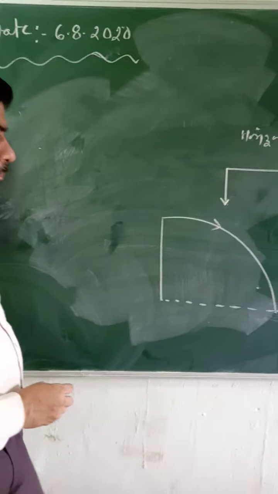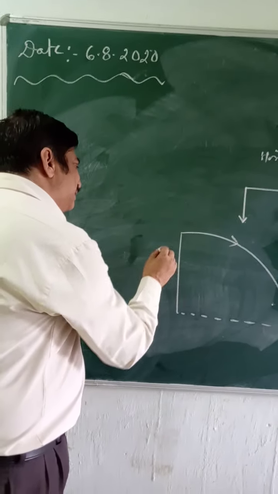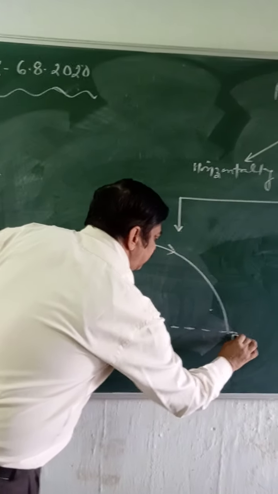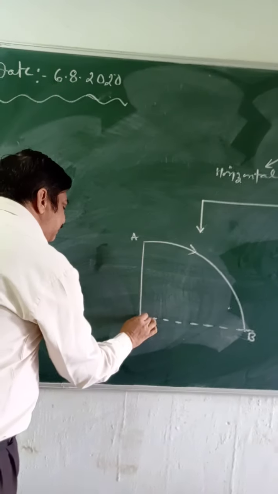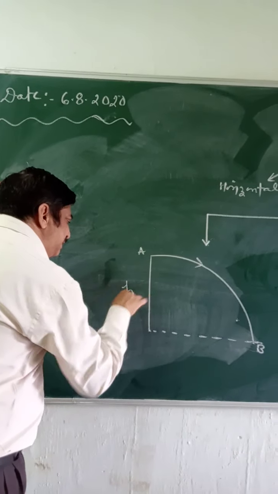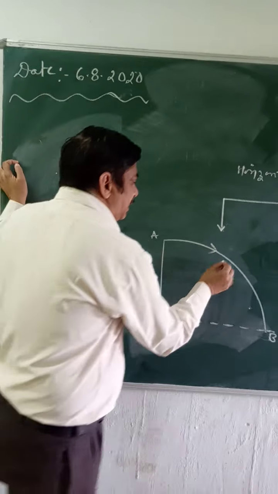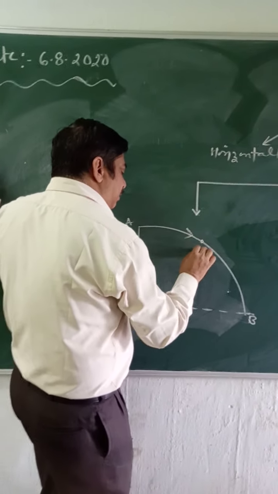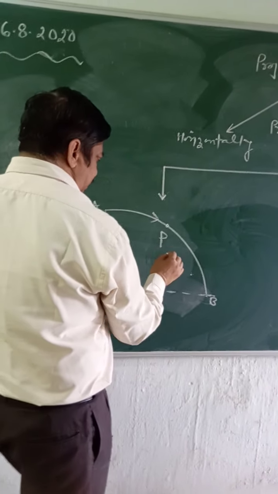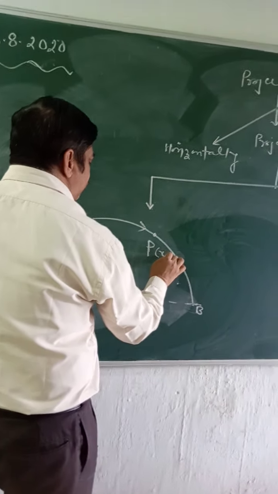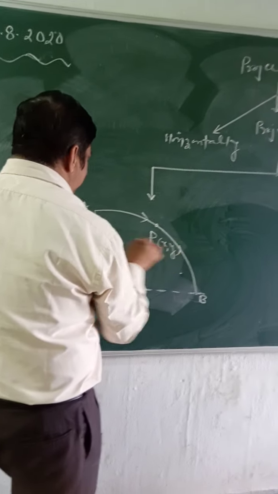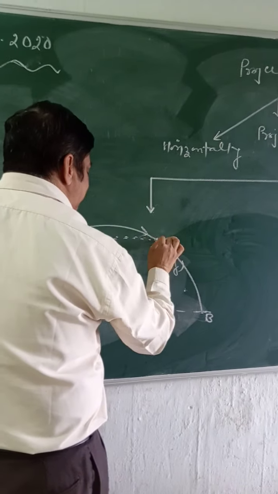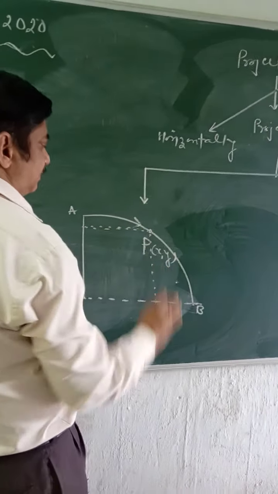In that case, let this point be A and this point be B, and this is the height H. Let at a particular time, after time T, the object reach the point P and it has the coordinates X and Y. So this distance is X and this distance is Y.